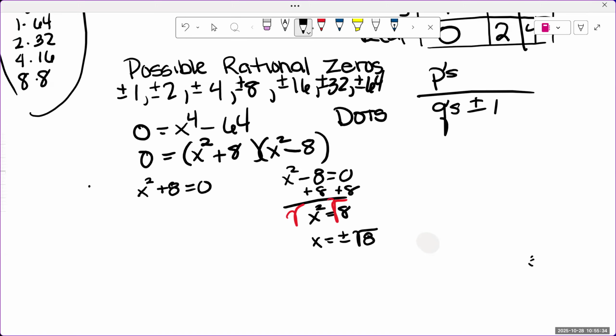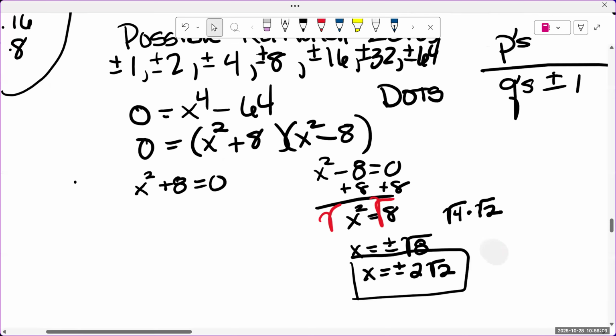Now we need to see if 8 can be simplified. So we have biggest perfect square and leftovers, plus or minus 2 rad 2. Okay, so how many zeros is that? Can you see that it's 2? So we have 2 rad 2 and negative 2 rad 2. I've found 2 of them. So let's go to the other one.